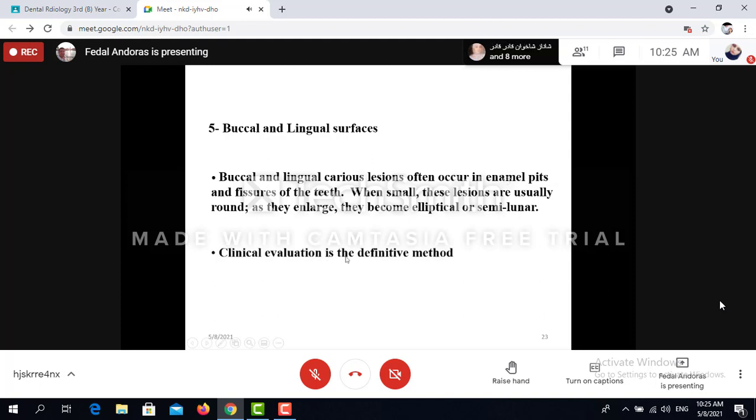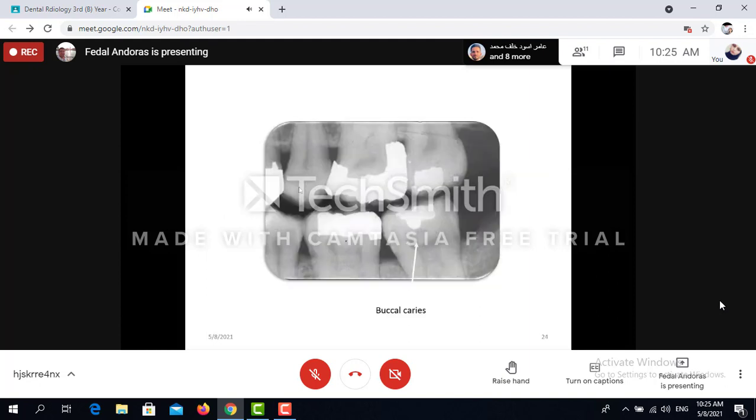Clinical evaluation is the definitive method. Because why? You cannot detect these on the radiograph, or if they are small, because the caries will be overlapped on the pulp chamber. Imagine buccal and lingual caries on the buccal and lingual aspect of the tooth.